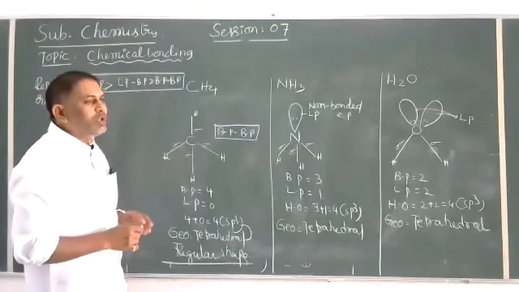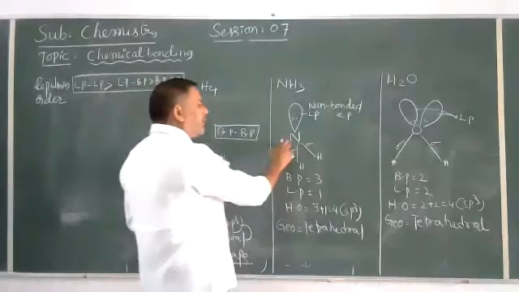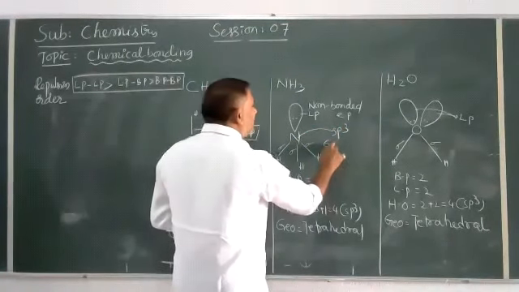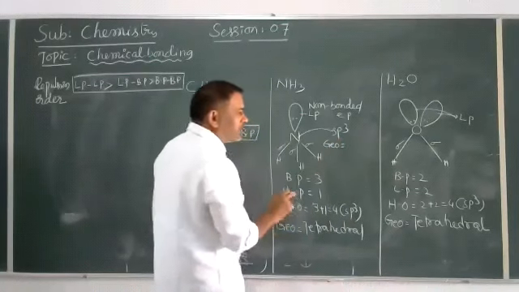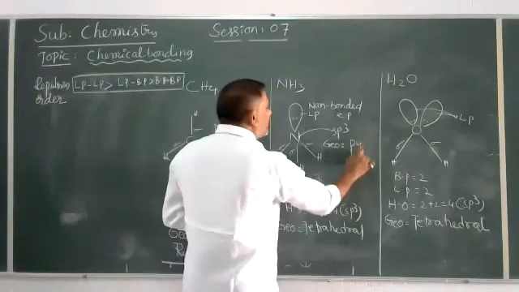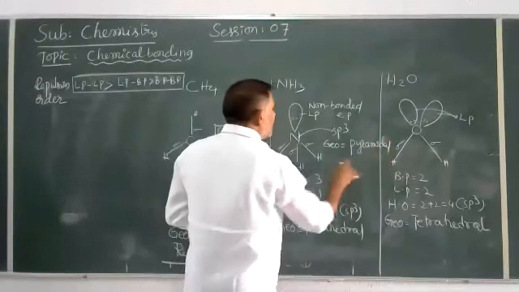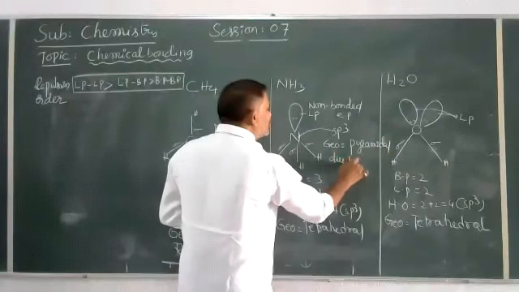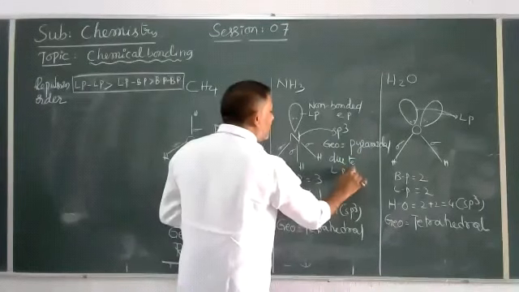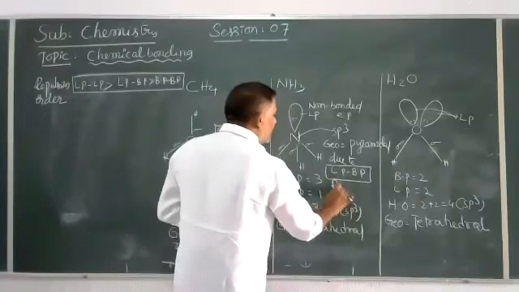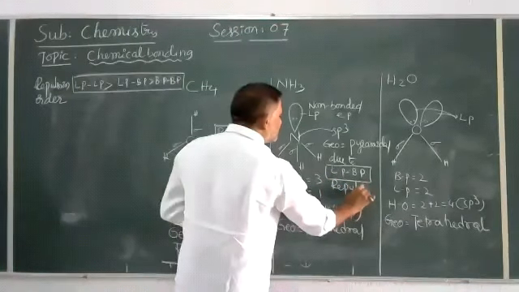But in the case of ammonia, the central atom of the element undergoes sp3, but its geometry is not tetrahedral. Its geometry is pyramidal, due to lone pair and bond pair repulsions, and also the bond pair and bond pair repulsions present here.